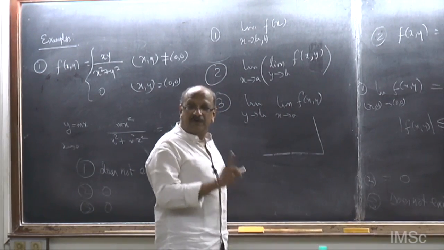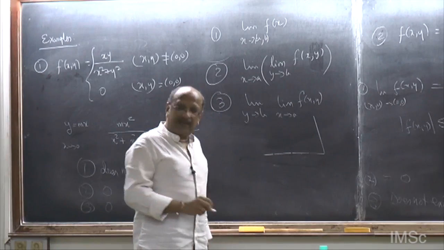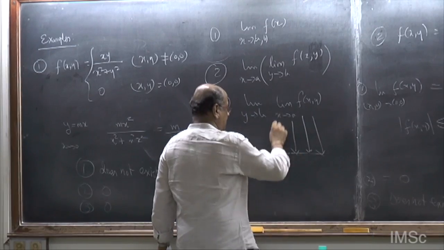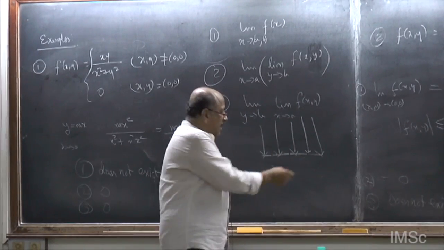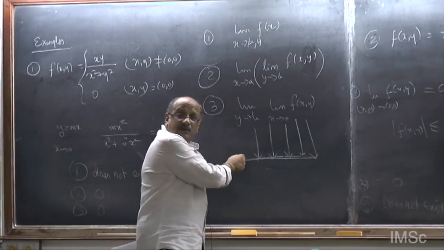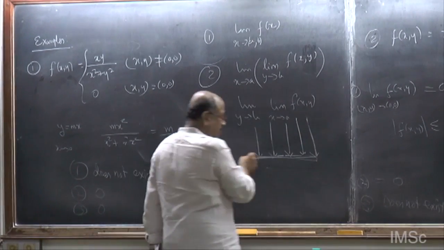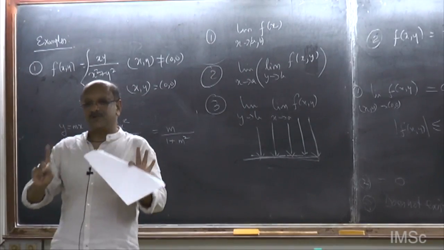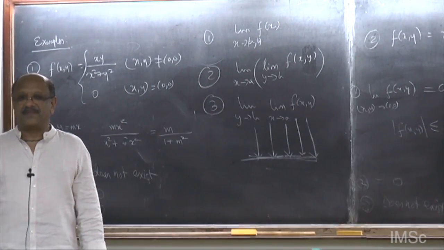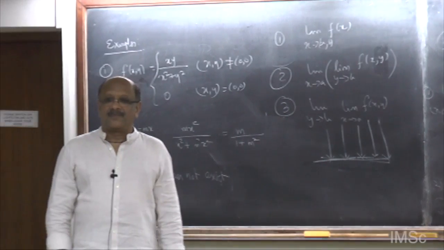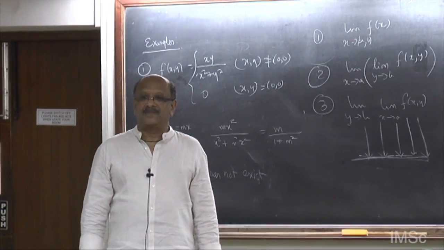For a fixed x, taking y tending to b means for every x I take a limit like this, and then I take the limit of all those limits. That is different from going like this; maybe that is your confusion. And I am saying they are different.